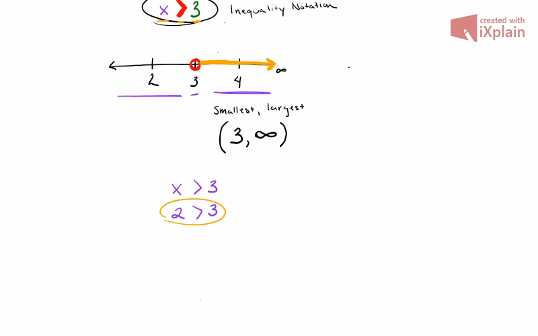So that's not true. The other one, so if we work with our dot, would be 3 is greater than 3. That also doesn't make sense. We're getting closer, but that's still not right. Lastly, if we pick something like 4 is greater than 3, this works out.